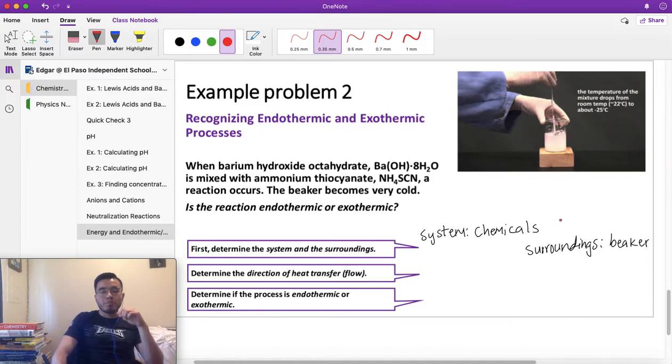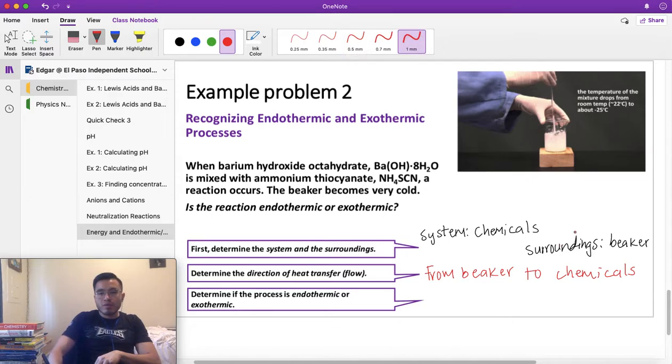The beaker, meaning it's releasing heat. So it's going from beaker to chemicals. Let's draw an arrow from beaker to chemicals, so from surroundings to the system. We have heat energy going into the system, so that's an endothermic reaction.